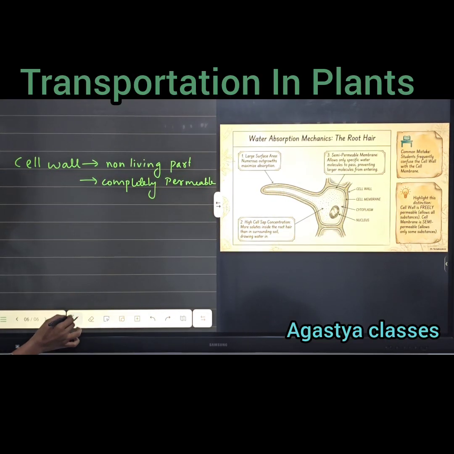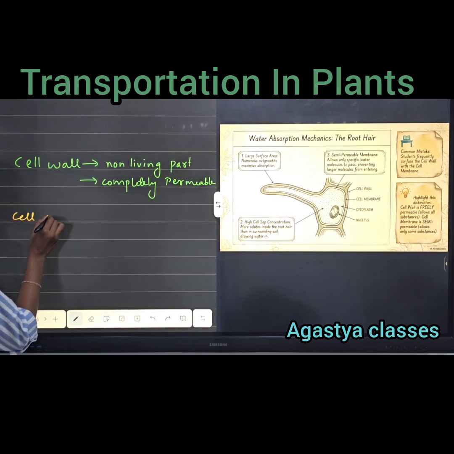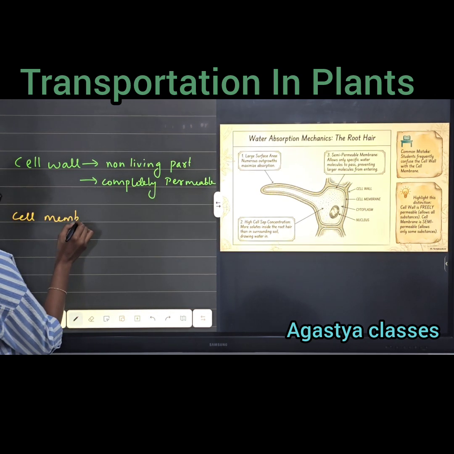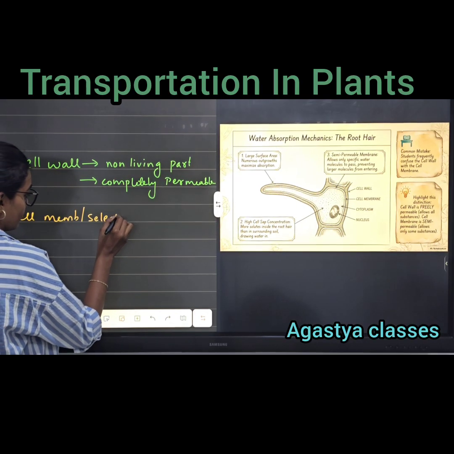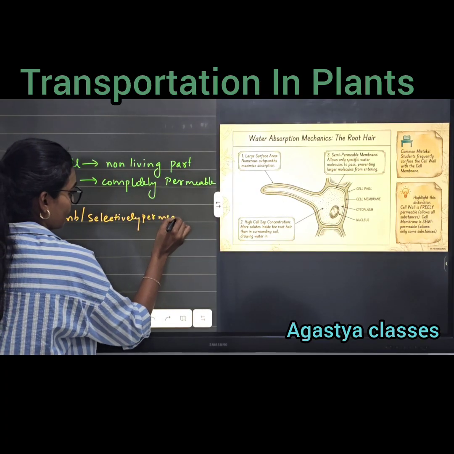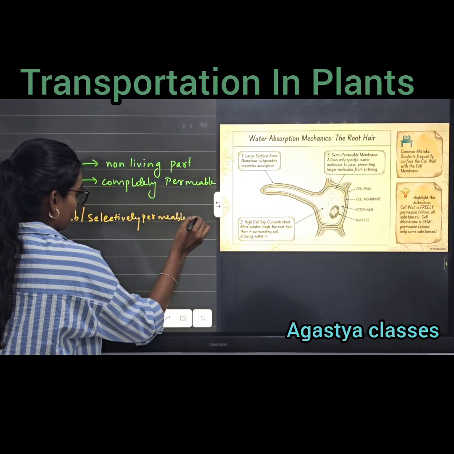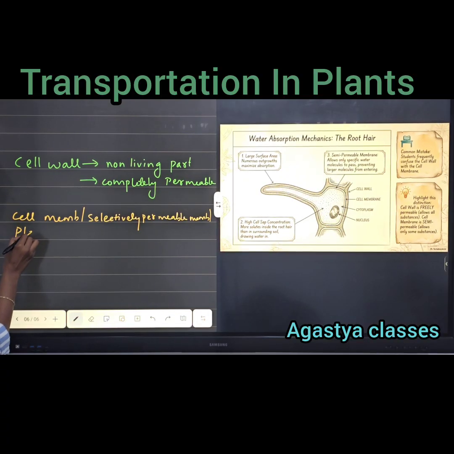On the other hand, cell membrane, which is also called as selectively permeable membrane, also called as plasma membrane.